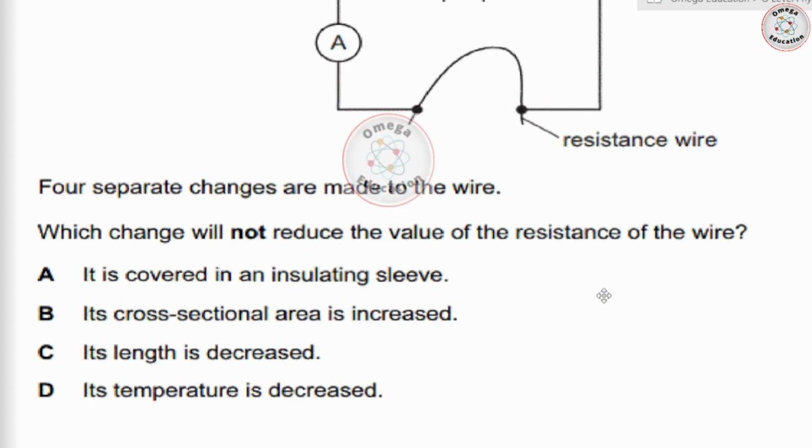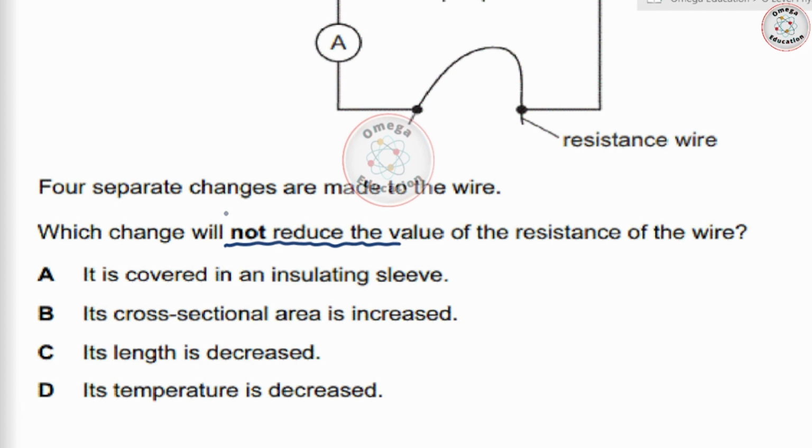Let's start with the bottom one, D. Its temperature is decreased. If we decrease the temperature, the resistance would decrease, and that would reduce the resistance.